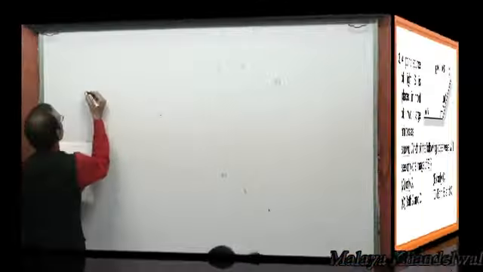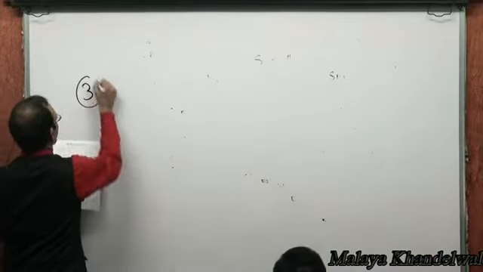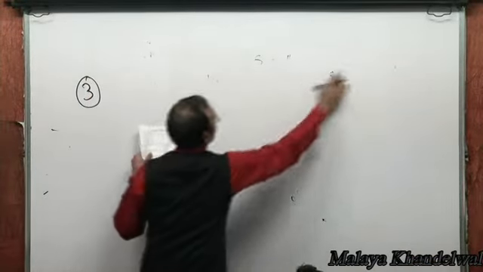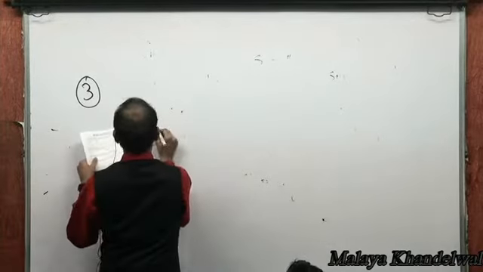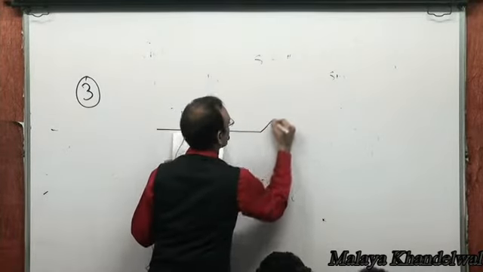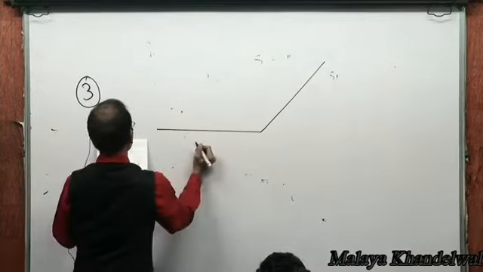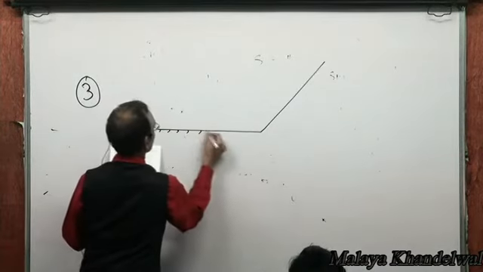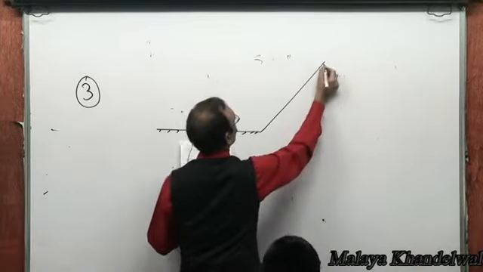Problem number 3 of the sheet is about two plane mirrors inclined. These are two plane mirrors.